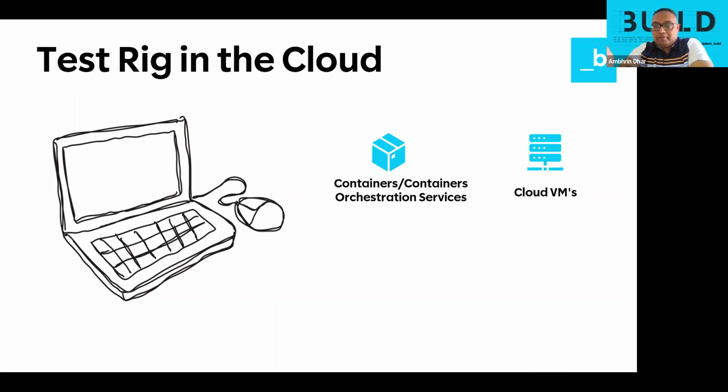Cloud VMs, I kind of talked about that, but cloud VMs are essentially EC2 instances, or I think Google calls them compute instance. I don't really remember the term. And Azure calls it what, virtual machines? I don't know. But essentially, those are the cloud VMs that can be an alternate option.